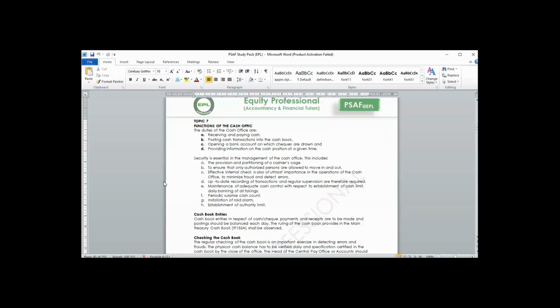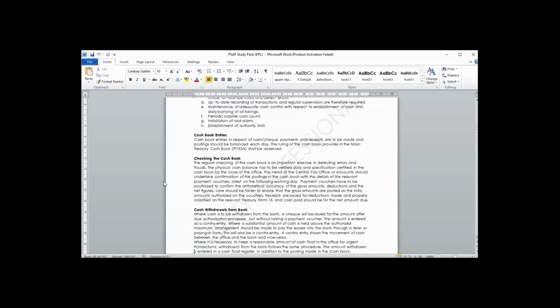Those transactions that have passed through the cash book don't need to be in the bank reconciliation statement. There are many reasons. There are errors. Errors too can also cause discrepancy between the books of accounts.